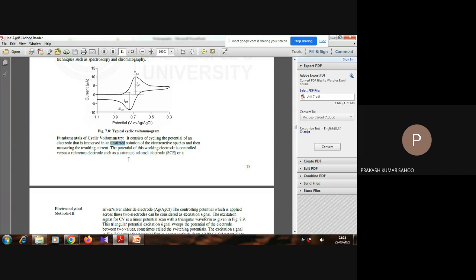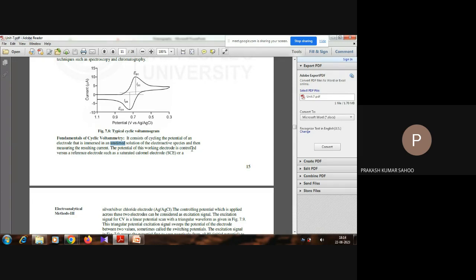This is an unstirred solution of electroactive species, and then measuring the resulting current, that is ID. The potential of this working electrode is controlled versus a reference electrode such as SCE, saturated or standard calomel electrode. So this potential is controlled with the help of a reference electrode.